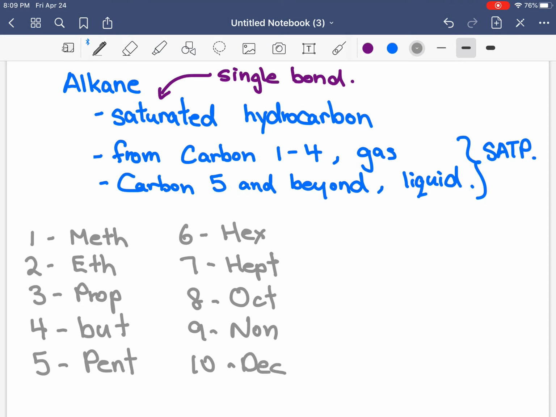Now there's 11, there's 12, but why go there when we don't need to get there? Right? So memorize those prefixes as soon as possible.